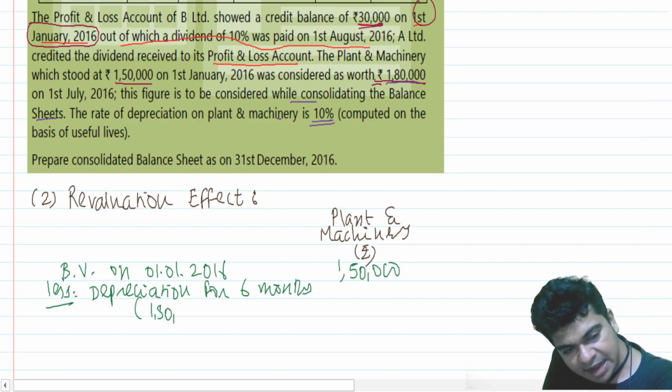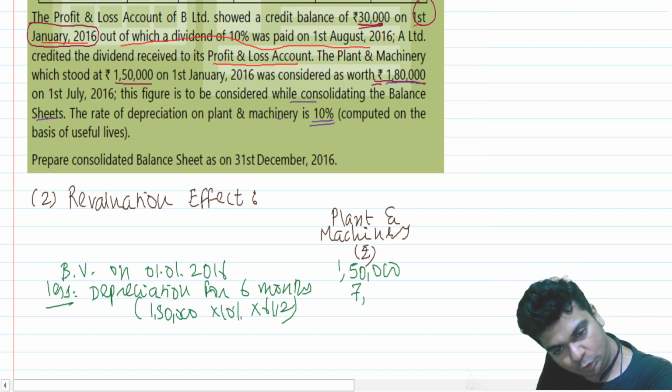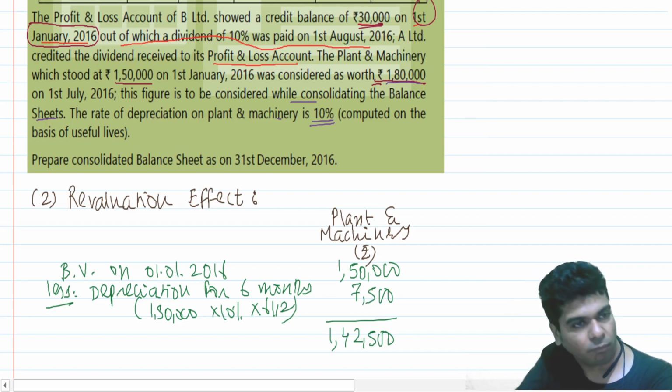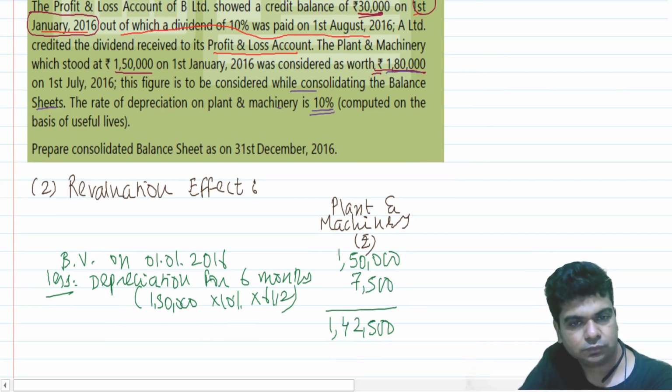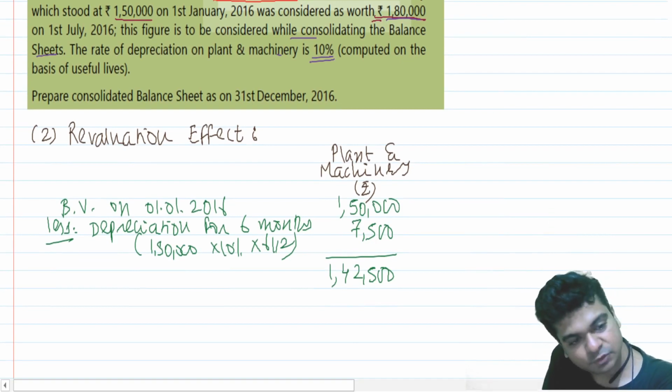It will be 1,50,000, rate is 10%, into 6 by 12. So that turns out to be 7,500. So I get 142,500.